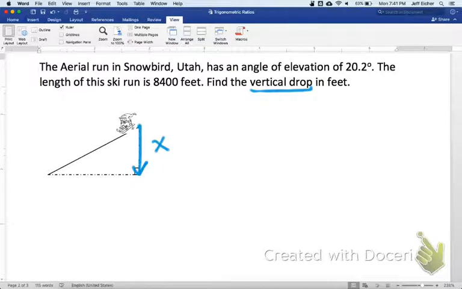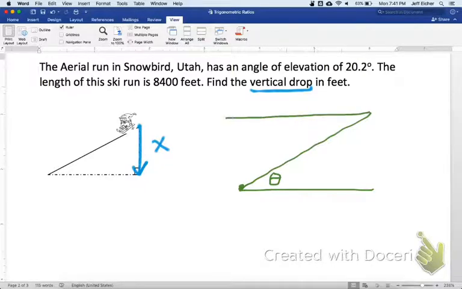An important thing about angle of elevation: if this is the ground and someone's down here looking up, the angle formed with the ground and the line of sight is the angle of elevation. And that's equivalent, it's an alternate interior angle, to the angle of depression, which is that angle theta.